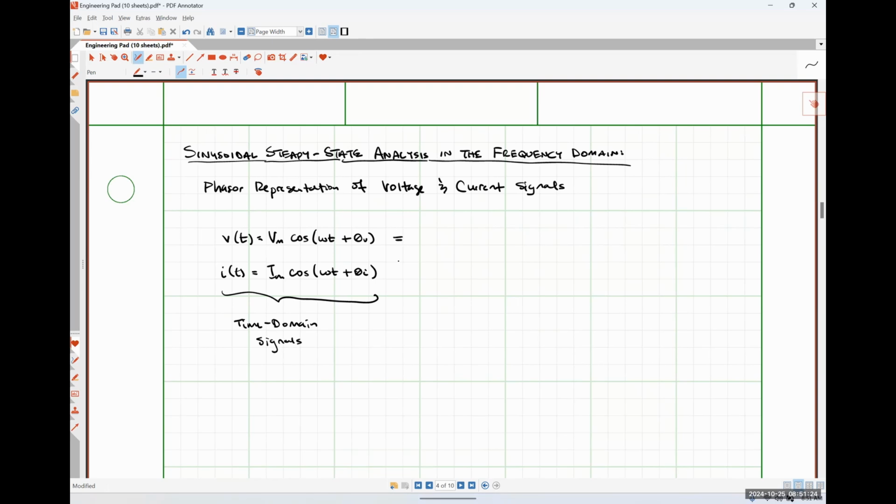We just learned that this is the real part of the complex number Vm e to the j omega t plus theta v. And our current waveform is the real part of the complex signal Im e to the j omega t plus theta I. Well, these guys right here are what I'm going to call, for lack of a better term, our mixed domain signals. Okay.